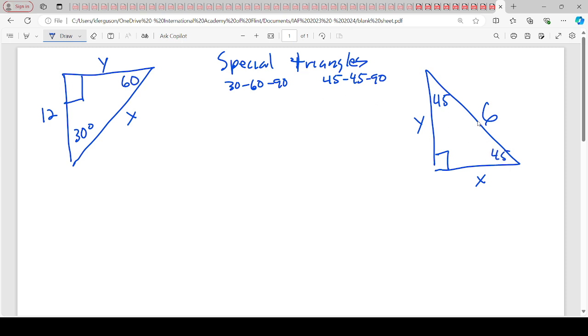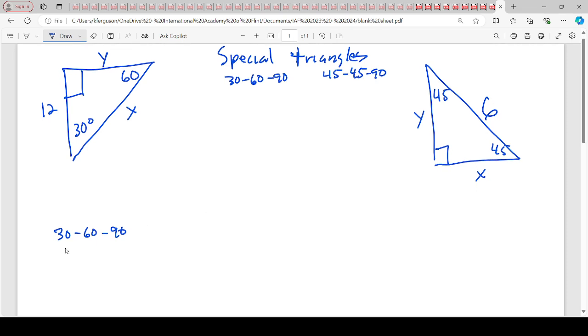So that's where the names come from. So in a 30, 60, 90 right triangle, we're going to give ourselves just a little bit of room. There's a certain pattern that happens. Let's draw it in the same direction so things will make sense. So let's go like this.